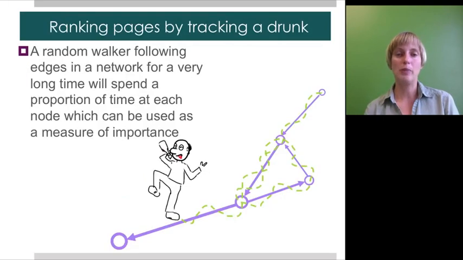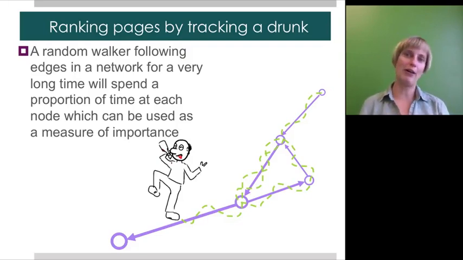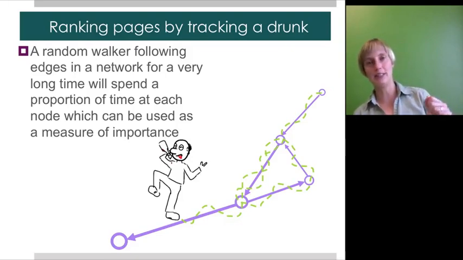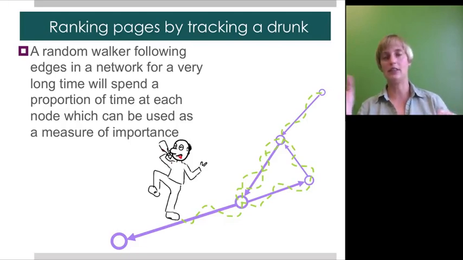Now, there's an analogy here, which is that when you're calculating this eigenvector, it's as if you're doing a random walk. And so I like to think of it as a drunk who's wandering around, and every time he hits a node, he says, oh, okay, I'm just going to turn left and turn right. And so he's just following edges at random.